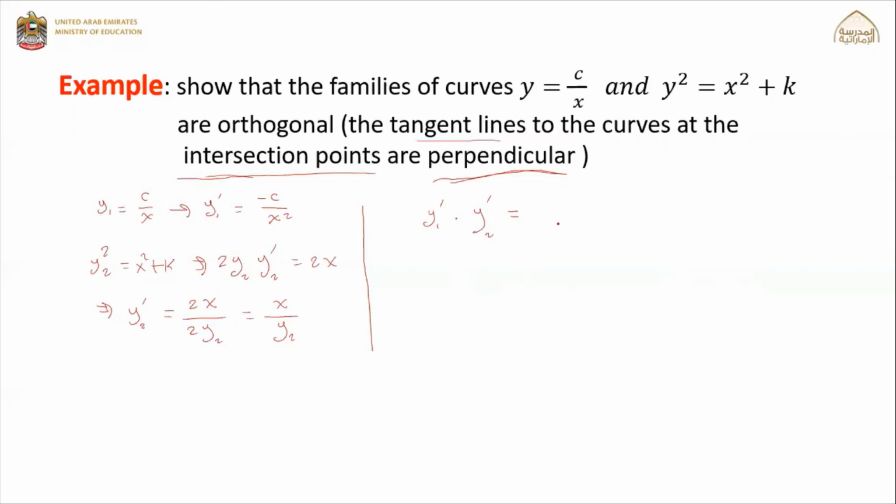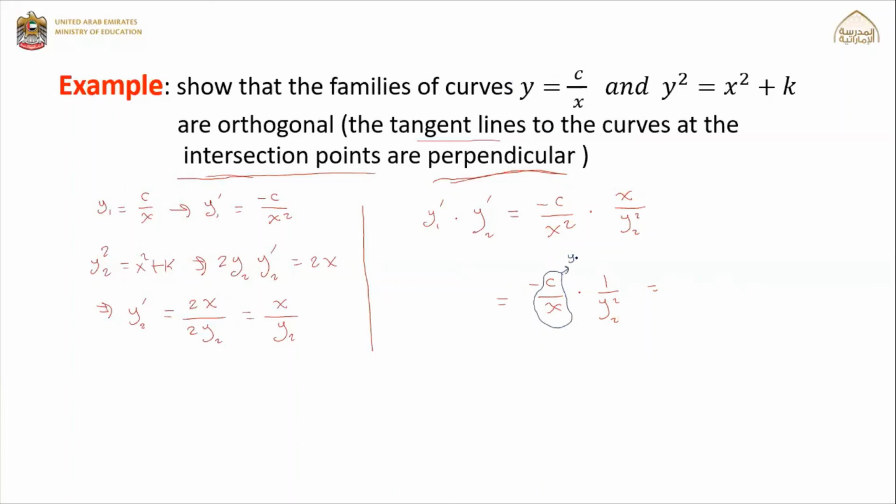I will start now. y1 prime is negative c over x squared times y2 prime, which is x over y2. So this is negative c over x times 1 over y2, because I cancel x with x from the denominator. Now, c over x, as I know before, is the first term.